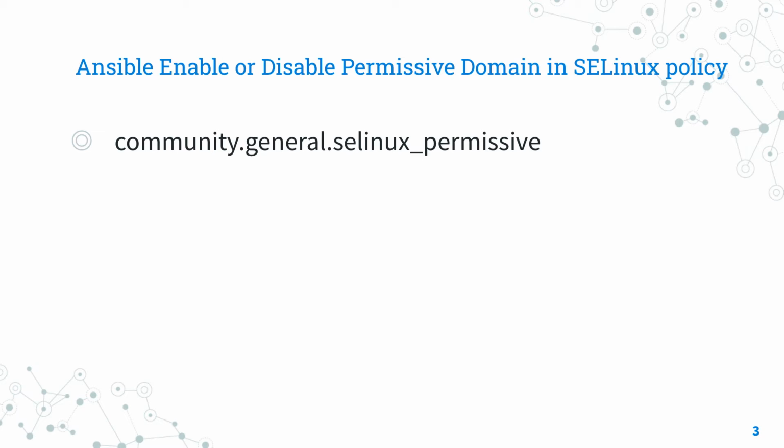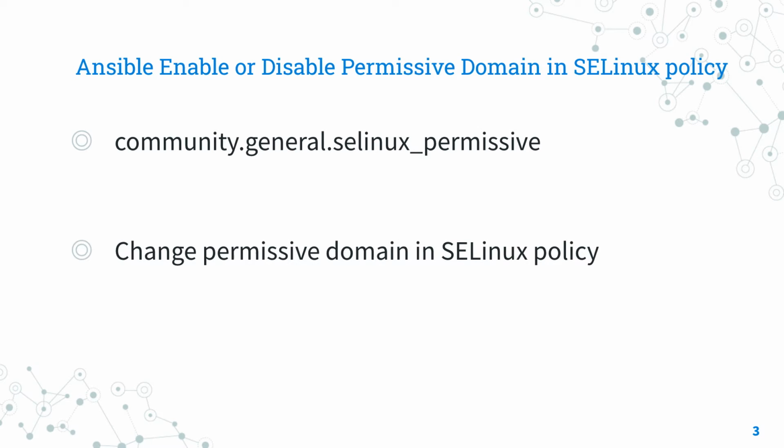It's a module that supports a huge variety of Linux distributions and POSIX systems. It requires the policycoreutils-python package installed on the target system, and it changes permissive domain in SELinux policy.